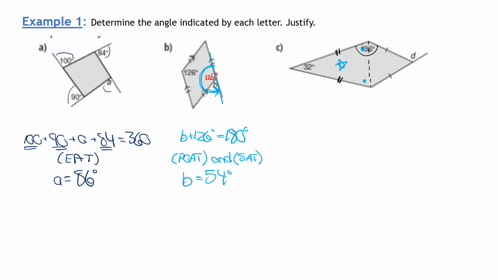Just looking at this triangle right here, I know that 32 plus those two dots has to equal 180 degrees, right? I know that from my last lesson. So instead of dots, let's call them A's. So 32 plus A plus A, which is 2A, equals 180.